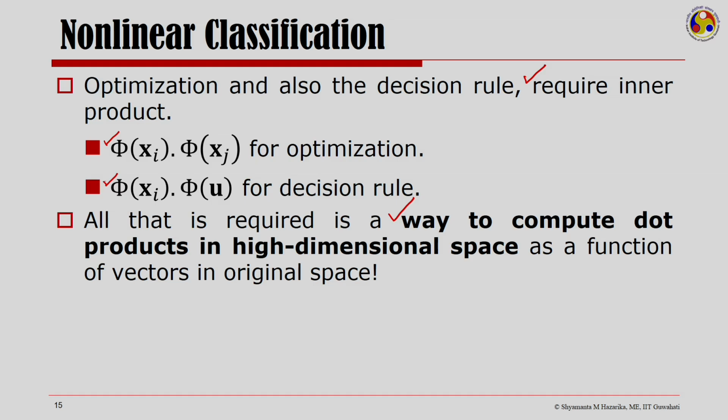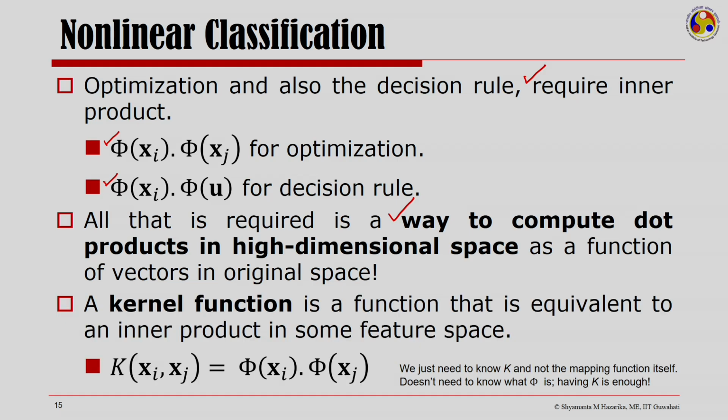This is very interesting, for we have something called a kernel function, that is a function that is equivalent to an inner product in some feature space. So, basically we could be given a k of xi, xj which should be equal to phi of xi dot phi of xj.